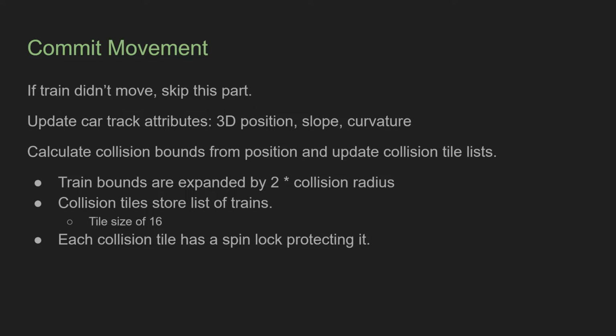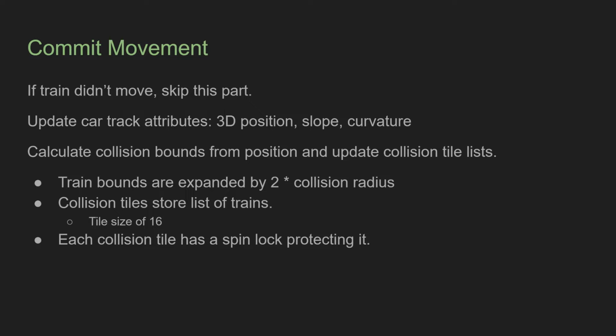Every train stores the range of tiles that it was in before and calculates a new range that it is in now. If those are different, then it will remove itself, then add itself back to all of the relevant tiles. Because the tiles are shared between different trains, each tile has a spin lock protecting the array of train IDs that are stored within it.